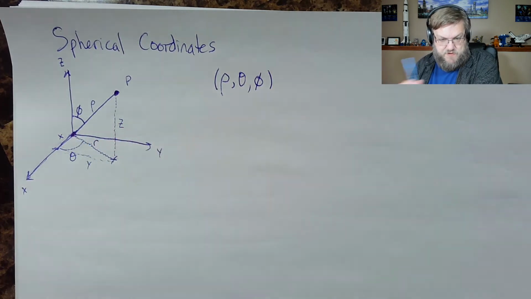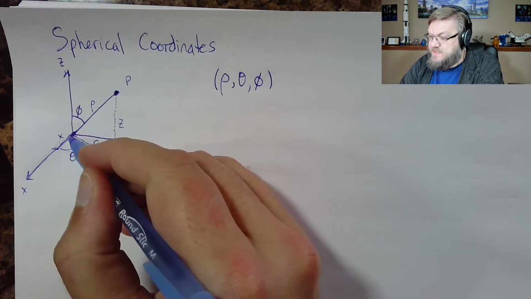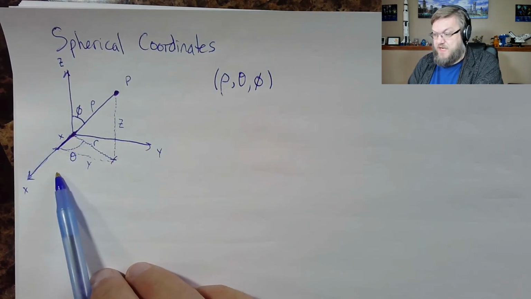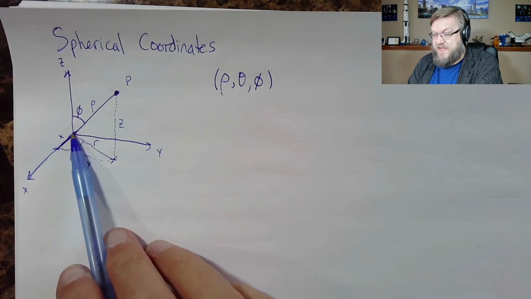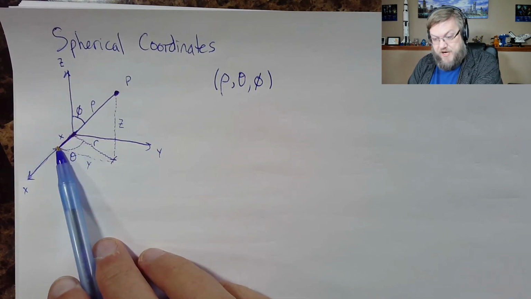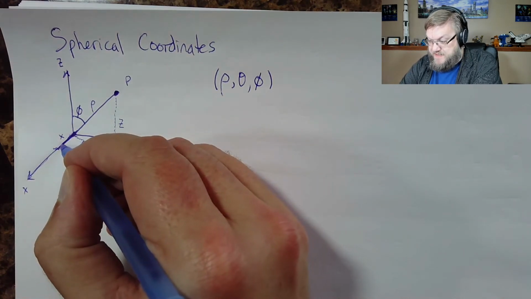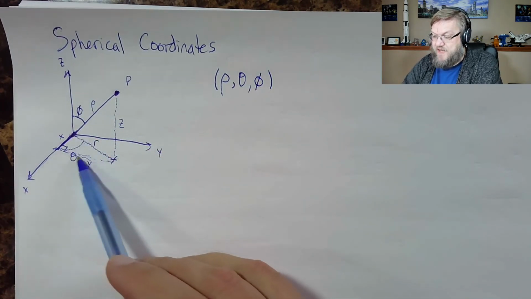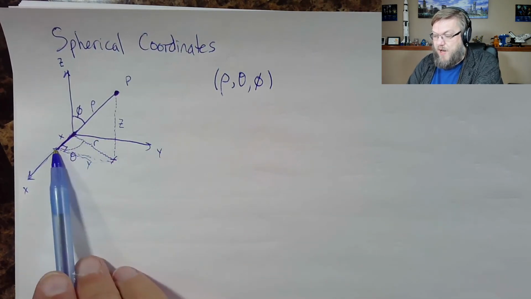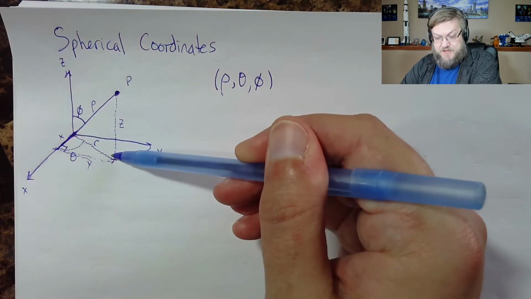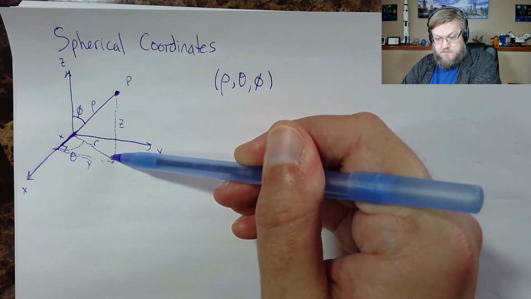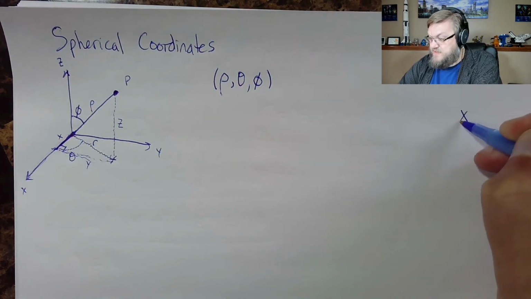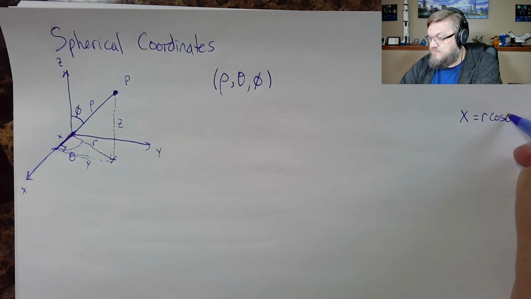Now, I bring that up because I want to figure out what x is right there, okay? Well, the first thing I notice is x is a leg in a right triangle. In fact, it's this right triangle laying down on the floor. Do you see that? x is a leg, y is a leg, and r is the hypotenuse. In fact, that's exactly how we got the statement before that x is r cosine theta, right?